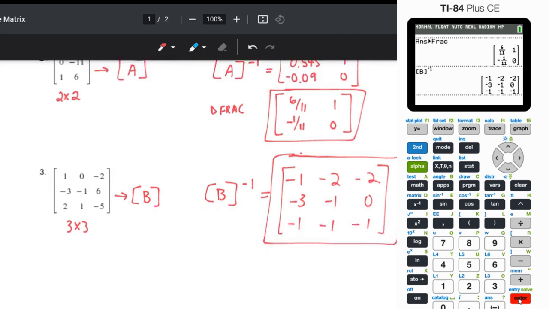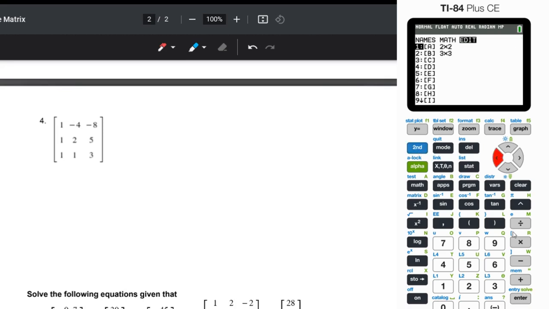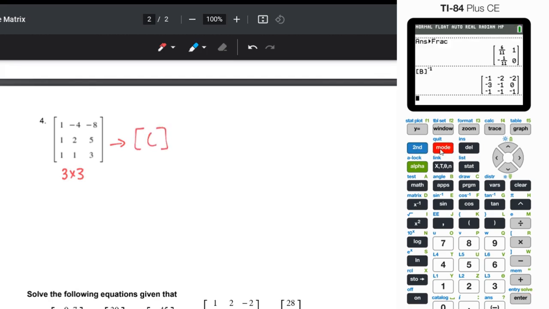All right, problem number 4. Try this one on your own and see what you get. And hopefully it matches with my answer. You can pause it and then restart it again when you're ready. All right, so when you're ready to get the inverse matrix, you're going to pull up the name of whatever matrix you put it in.